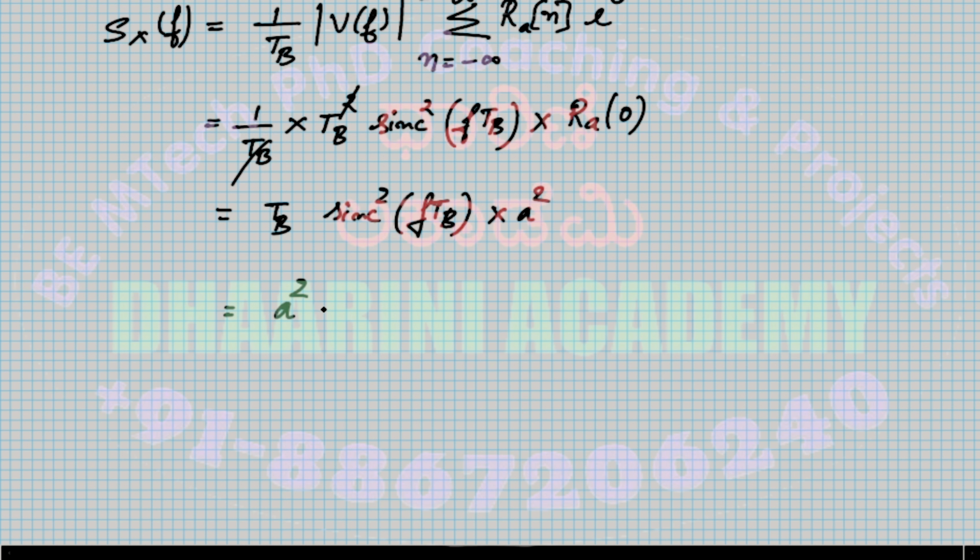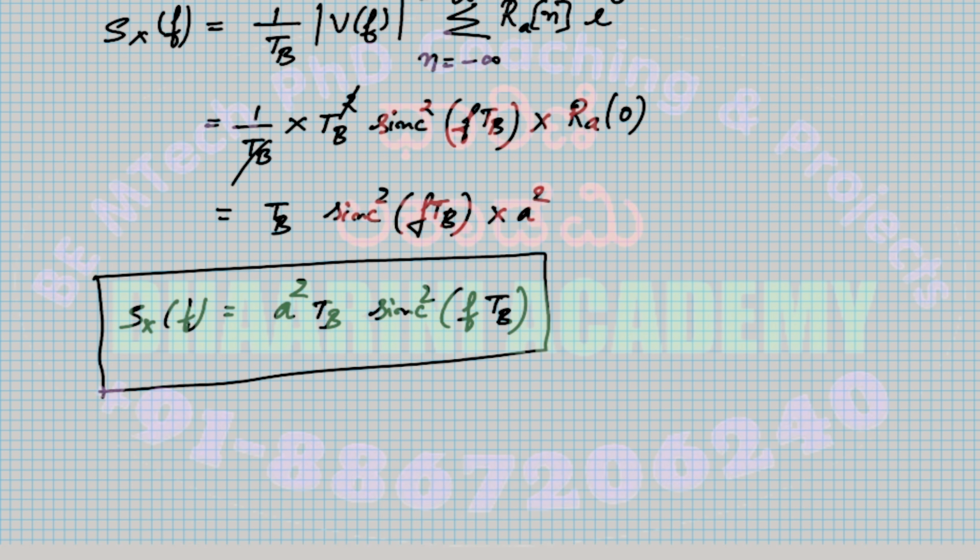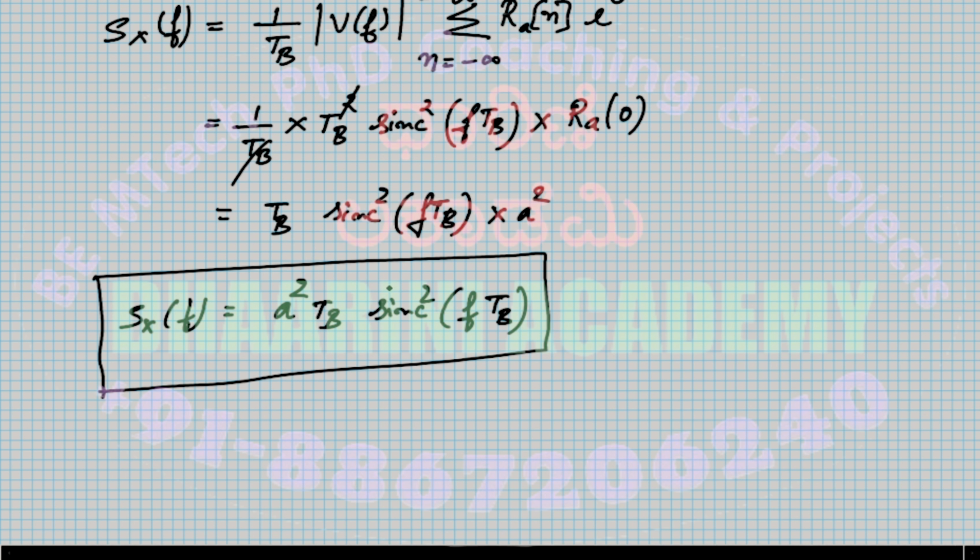So that is A squared times TB into sinc square of f into TB. So this is the required Sx of f, which is the power spectral density of our NRZ polar format.